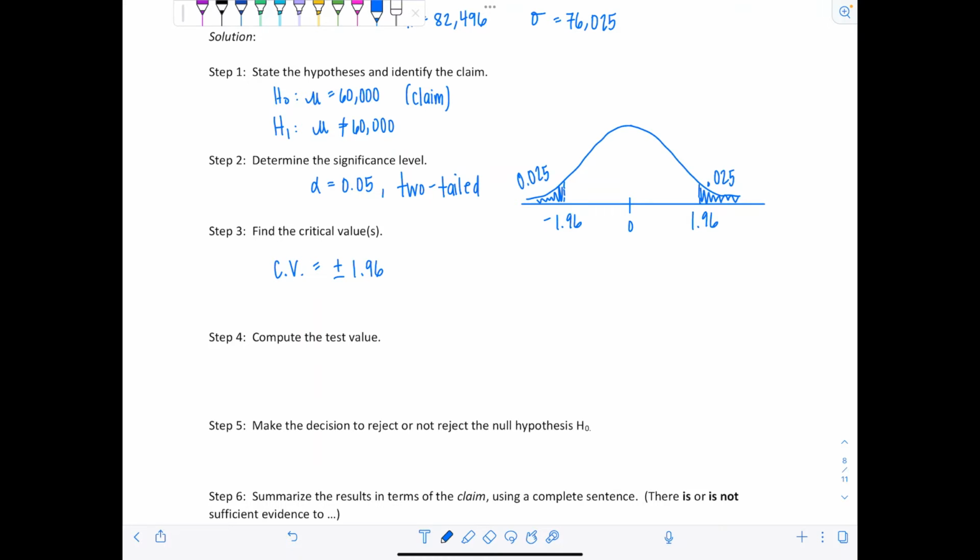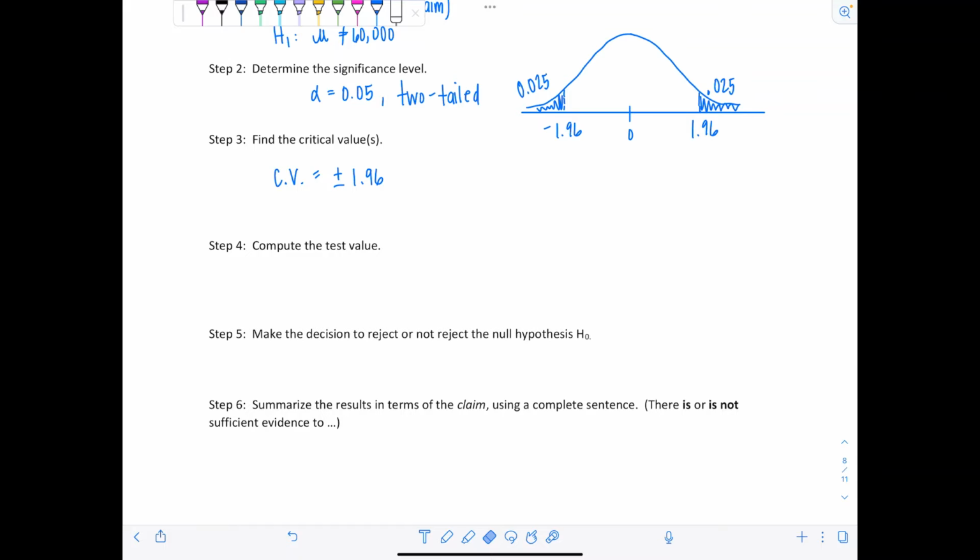Let's compute the test value. So same formula. Test value, this is a z-test. It equals x bar minus mu over sigma over rad n. So x bar, that's the sample mean.